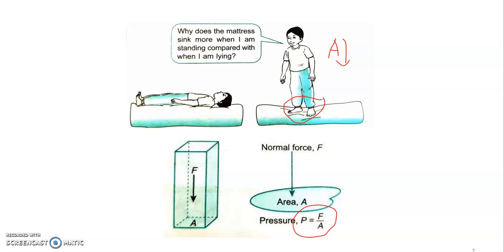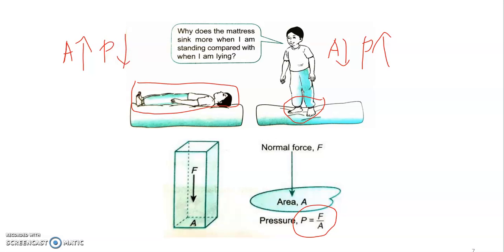When the boy is lying on the mattress, the mattress does not sink because the area is large. Pressure is inversely proportional to the area, meaning that when the area is low, the pressure is high, the pressure increases. When the area is increased, the pressure is decreased.